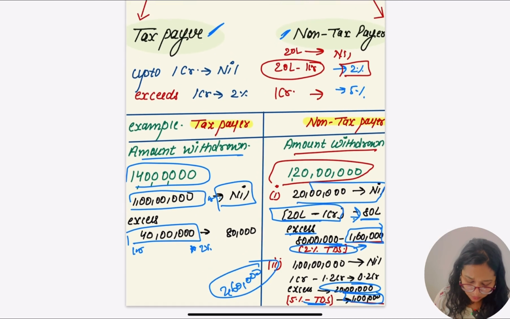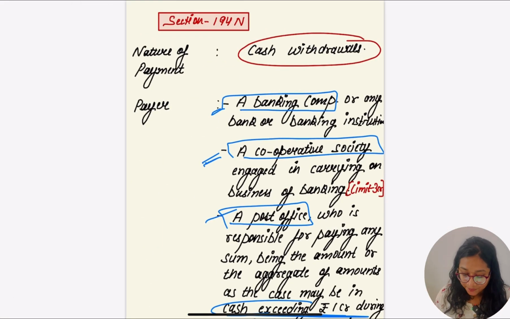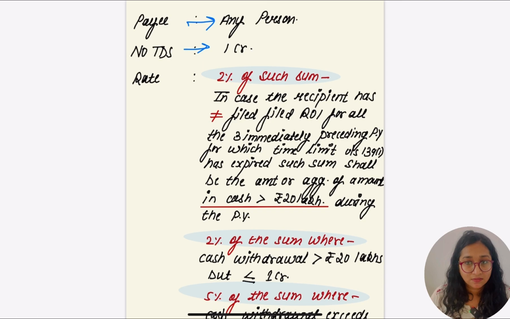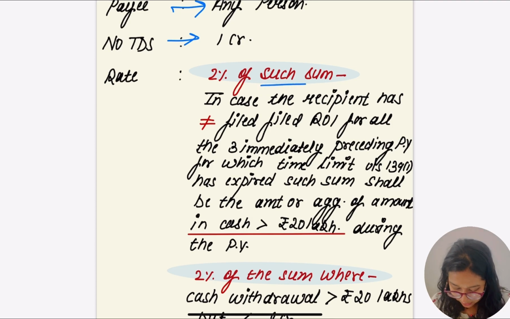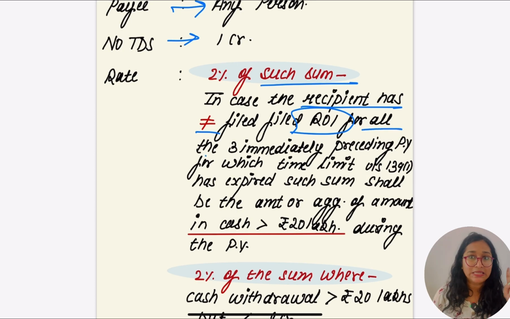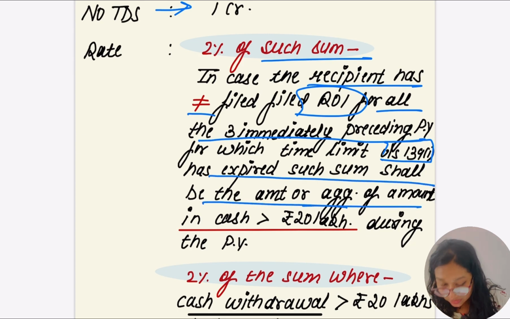Now let's read what the criteria are. First of all, the payer is going to be a banking company, cooperative society, or post office. The TDS rate, I told you, is 2% and 5%. Now this is about the 2% of such sum if the recipient has not filed a return of income for all the 3 immediately preceding previous years for which the time limit under section 139(1) has expired, and such sum is the aggregate of amount in cash which exceeds 20 lakh during the previous year.